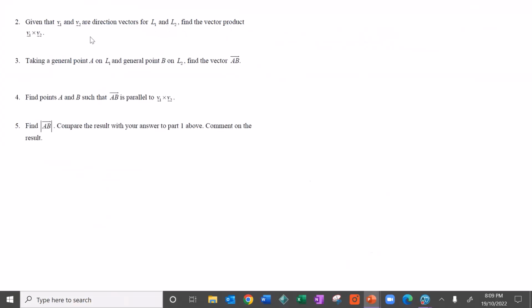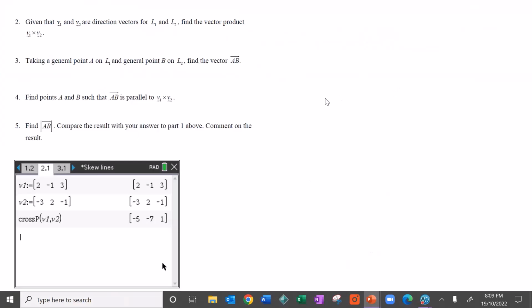But the idea carries on, given that V1 and V2 are direction vectors for our L1 and L2, find the vector product. Then taking a general point A on L1 and general point B on L2, find vector AB. Find points A and B such that AB is parallel to V1 cross V2, and find the length of AB and see what we get.